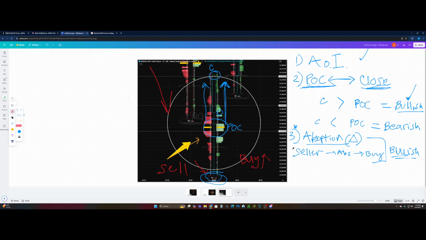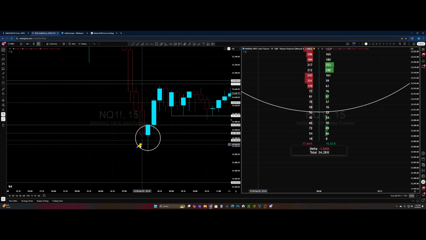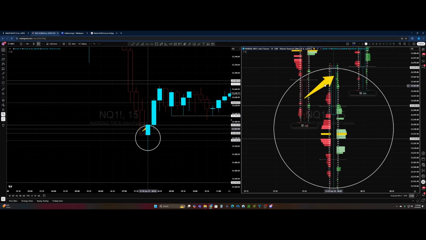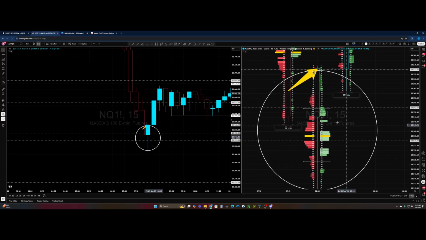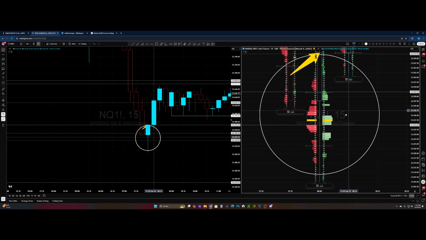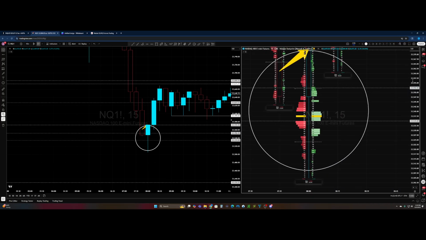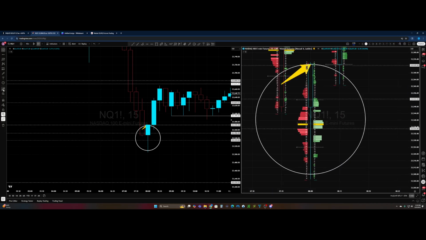Now, knowing this, do I enter a trade? Do I enter the trade right at the top? No. Do not enter a trade at the close because of what we just went over. Yes, all the signs as of right now using the footprint chart are telling me that this is a bullish move, but it is not a signal to get in because I just want to let you know volatility has been crazy.